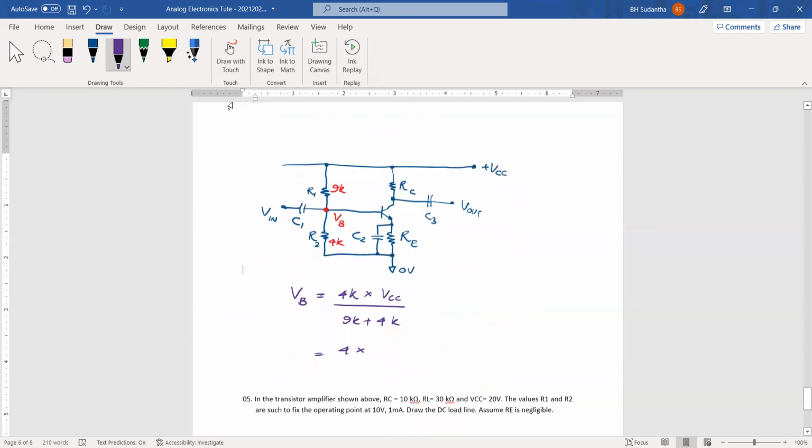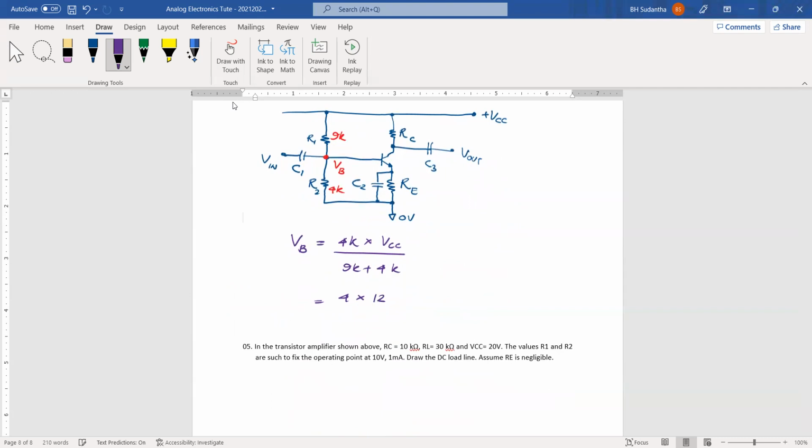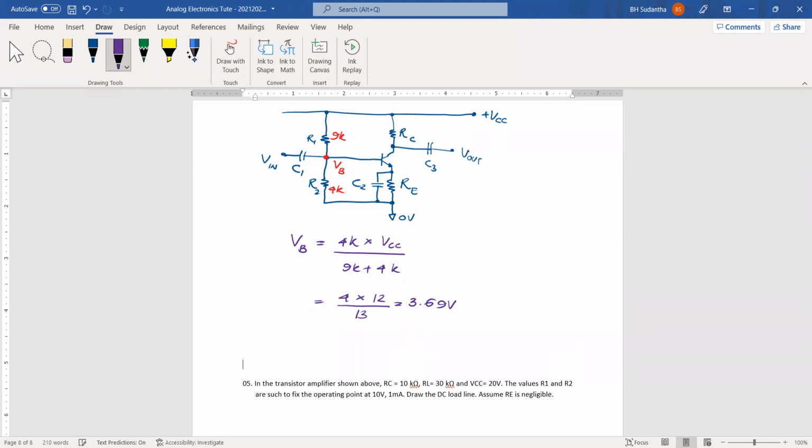This is 12, then 9 plus 4 is 13. This is 3.69 volts. Okay, VB is 3.69 volts.